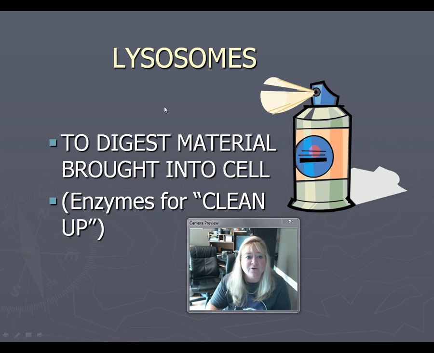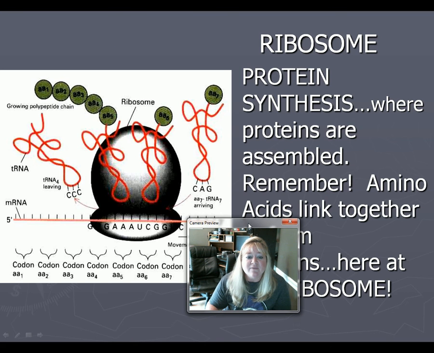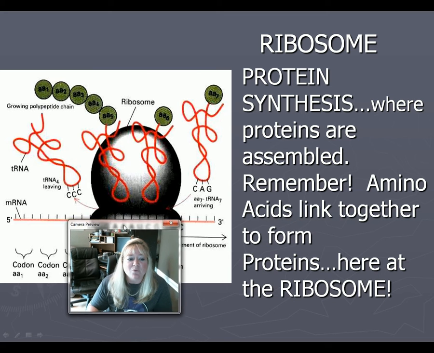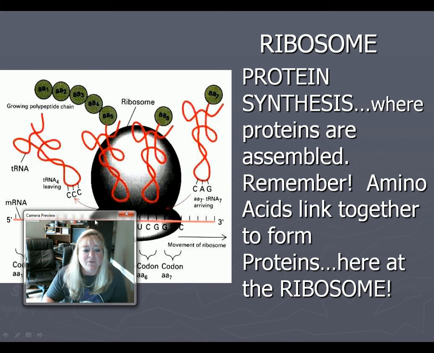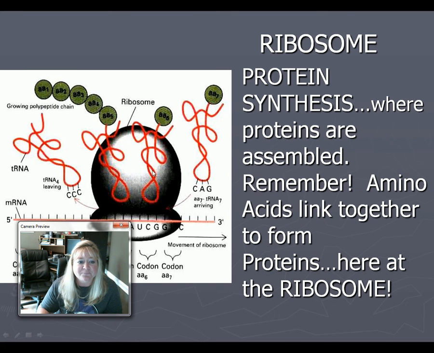So that's lysosomes. All right, next we have the ribosomes. Here's a blown up picture, but ribosomes are where the proteins are put together. I just said that ribosomes are for protein synthesis, where protein synthesis takes place. Your cells are constantly making proteins. That's what they do. They're little factories that make proteins. And you can see the ribosome here.